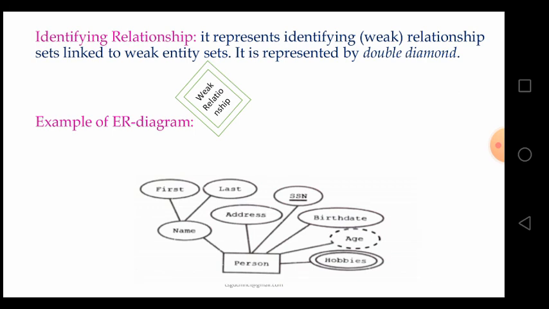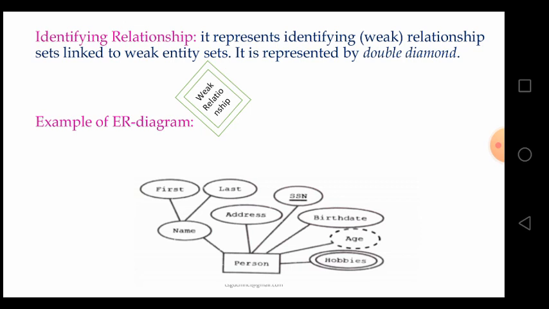Here one example is there. Person is an entity. Name, address, birth date are the attributes.